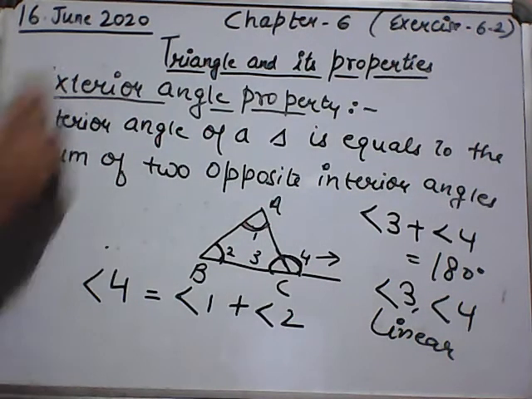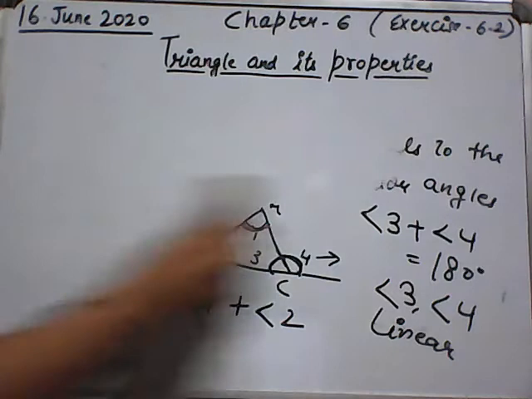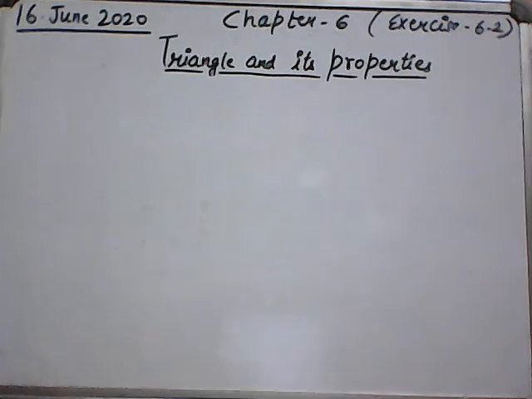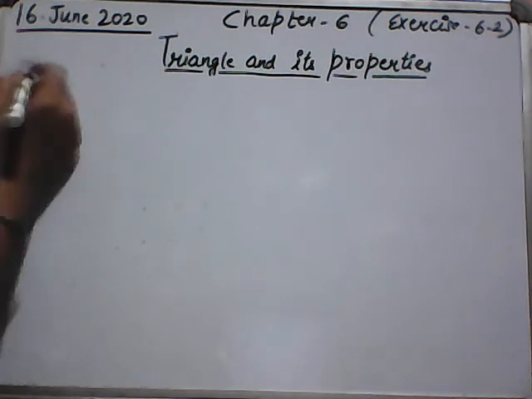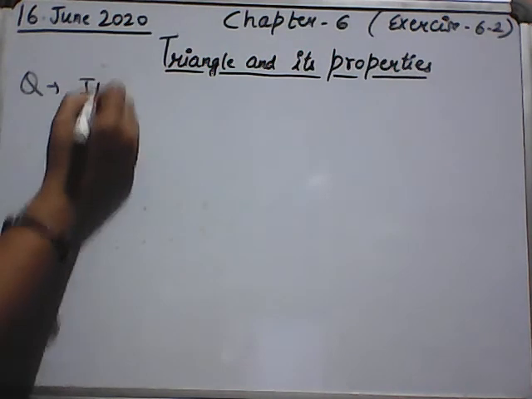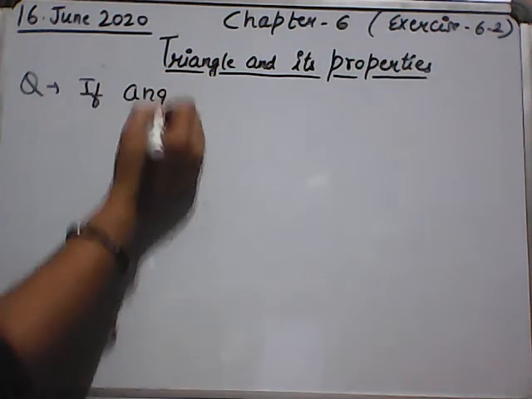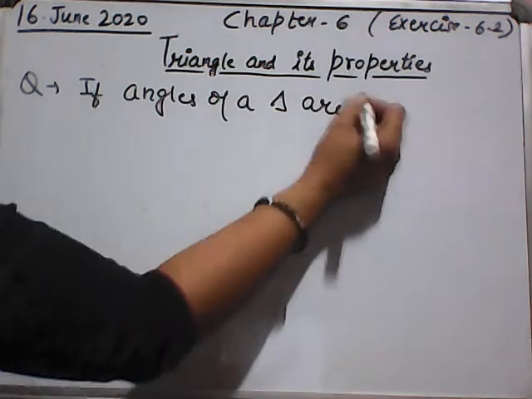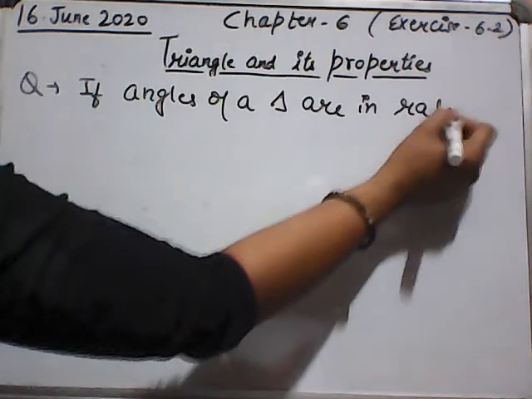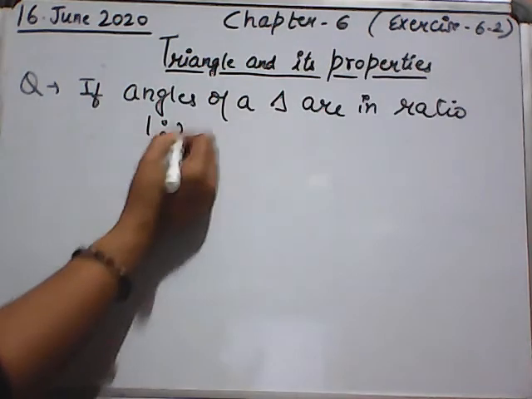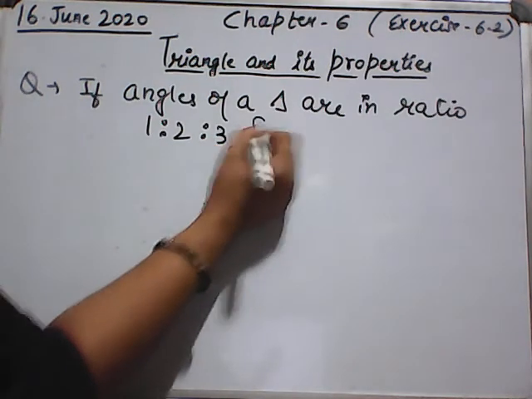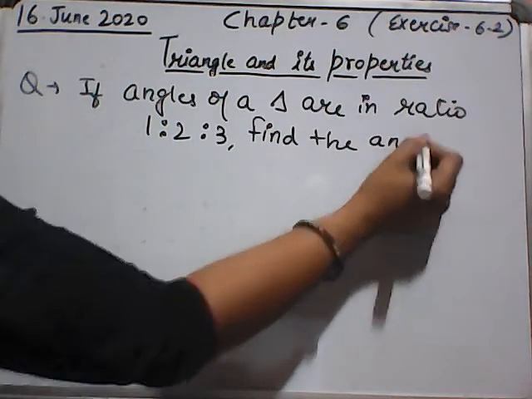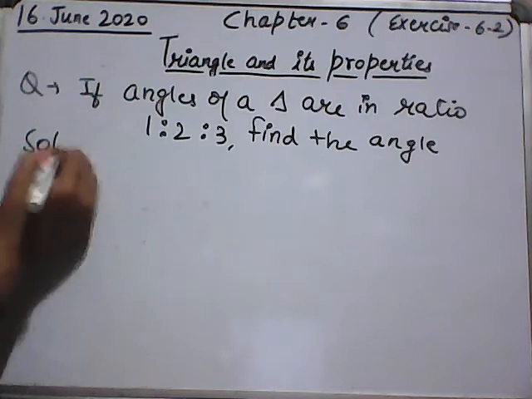Let's do questions based on these two properties, the angle sum property and the exterior angle property. Now question number 1 is: if the angles of a triangle are in the ratio 1:2:3, you have to find the measurement of the angles.